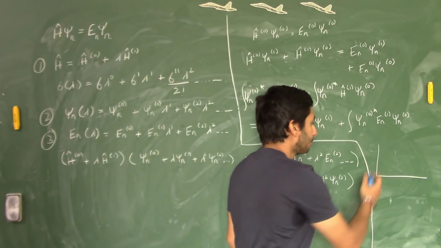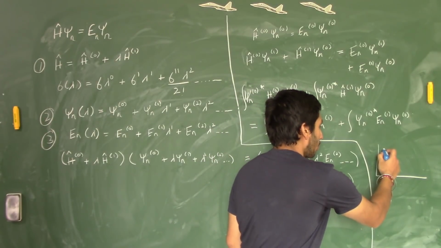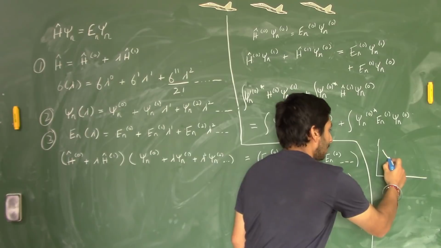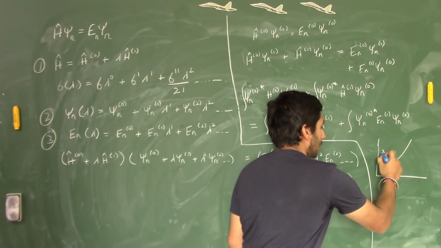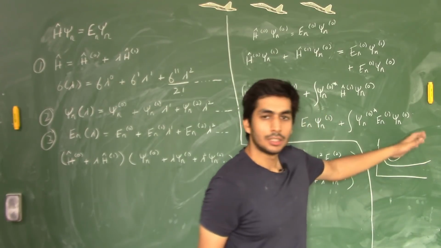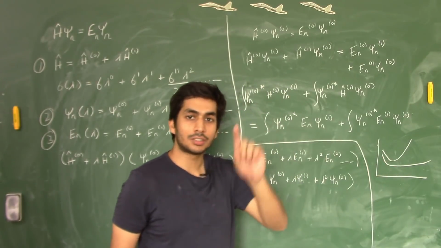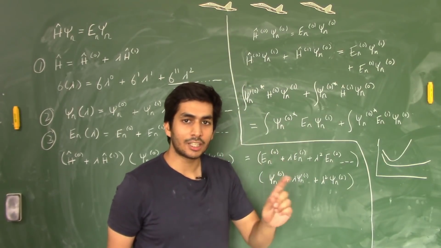Like for example, for smaller energy terms, they will be very close to each other, right? So let's say if I talk about a graph like this, for smaller energy terms, they are very close, and then for higher energy terms, the gap increases, right? So you can have such kind of series as well, and for such series you have to be very careful.